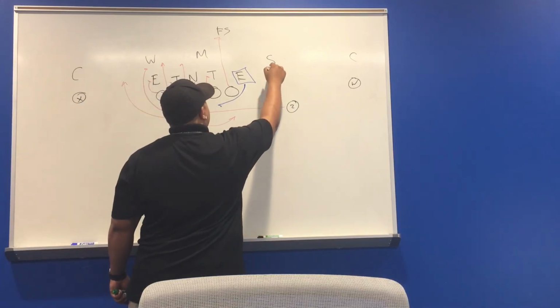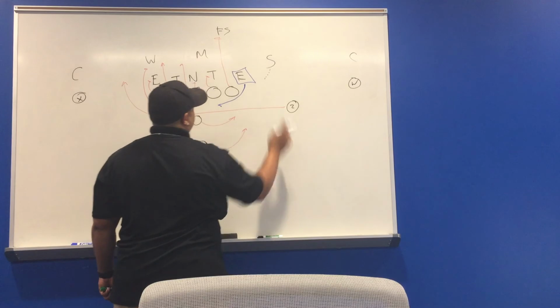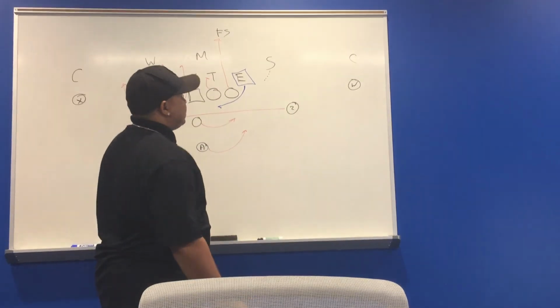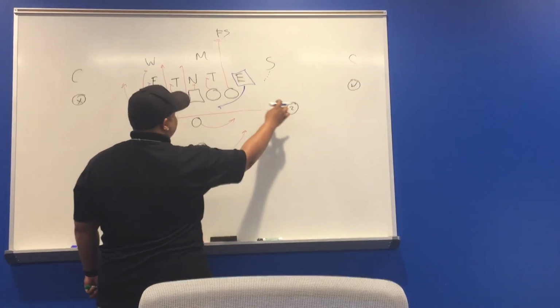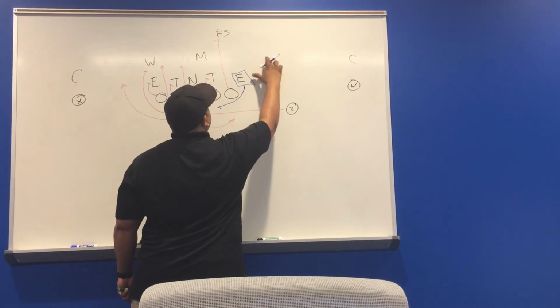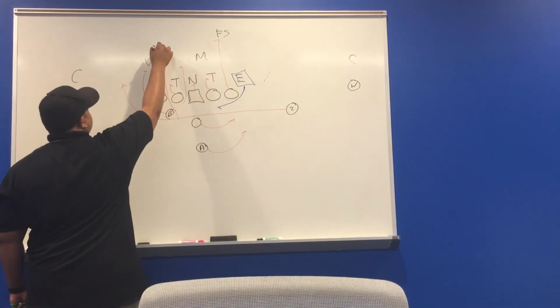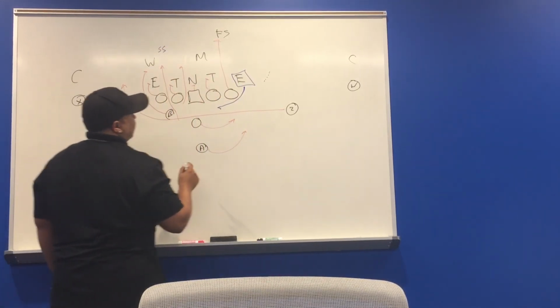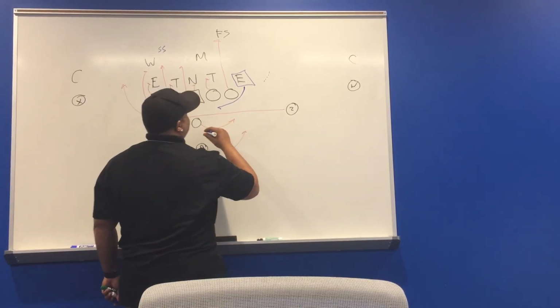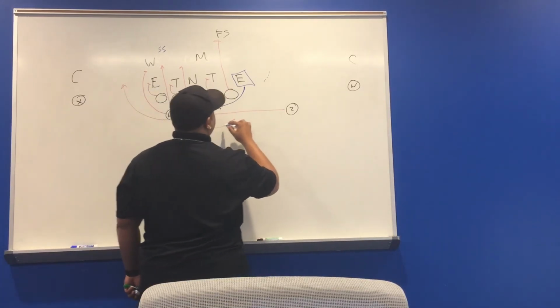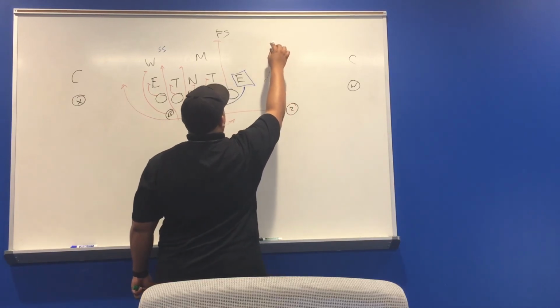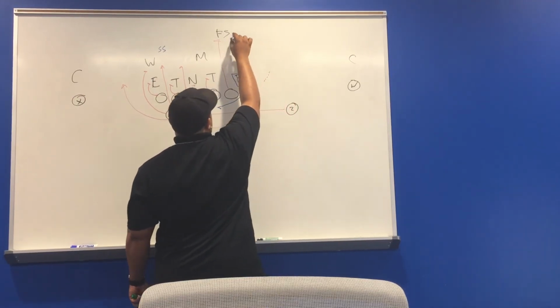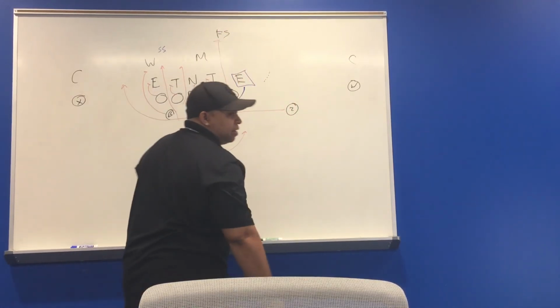Now, what's going to be amazing is when he sees jet motion, if he leaves and tries to make the play over here somewhere, that's fine. Because now when we run the triple option, we're running for days because the closest guy that can make the play is 12 yards down the field.